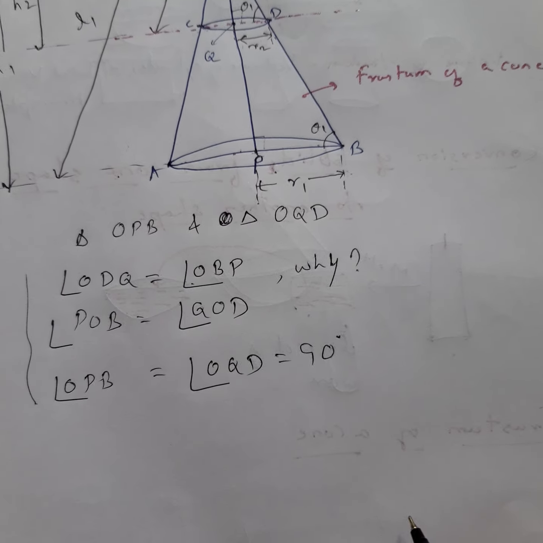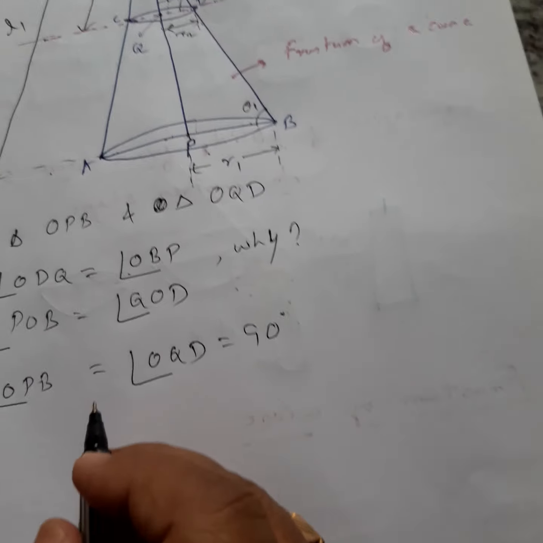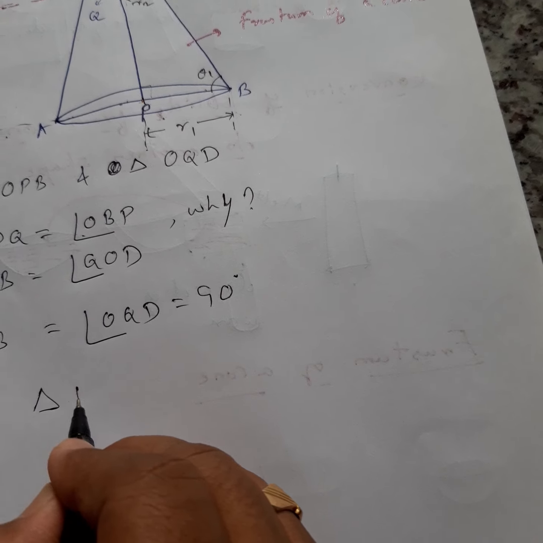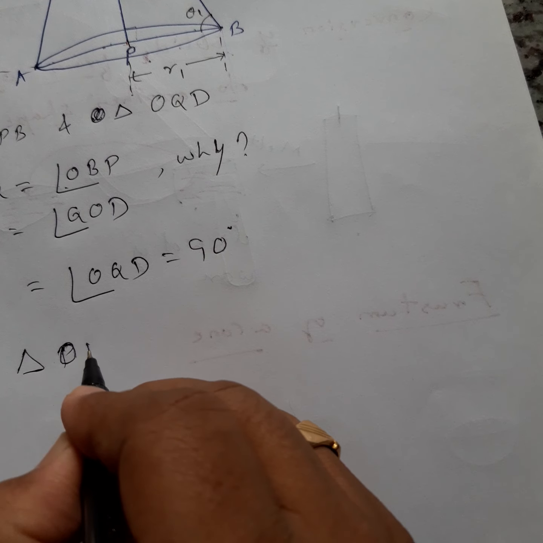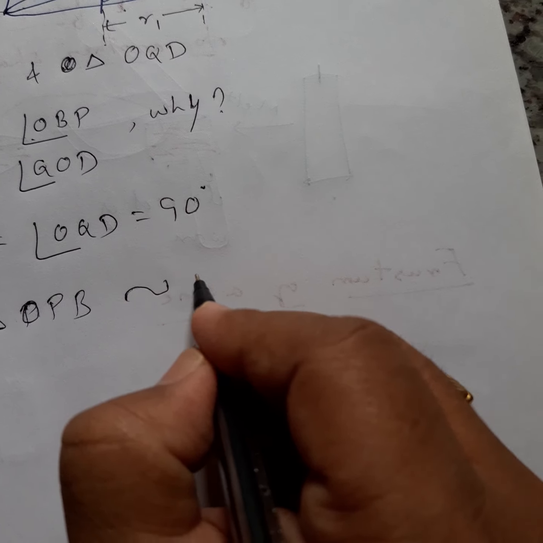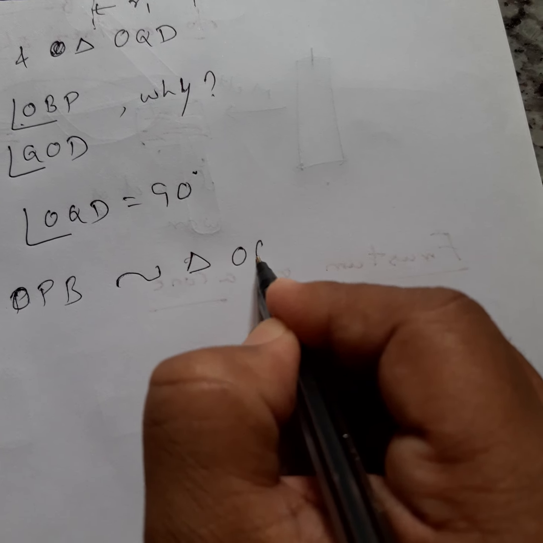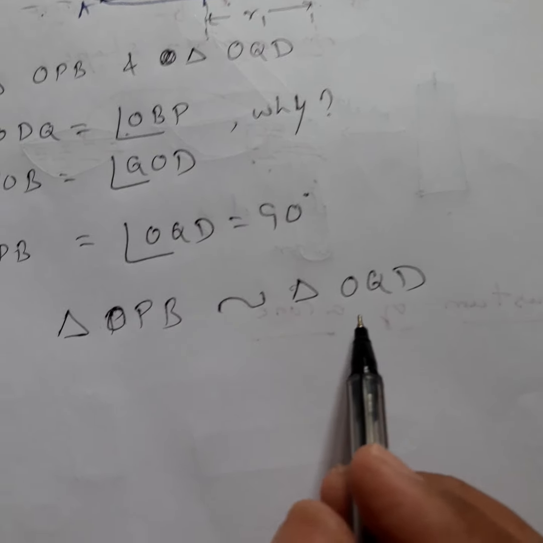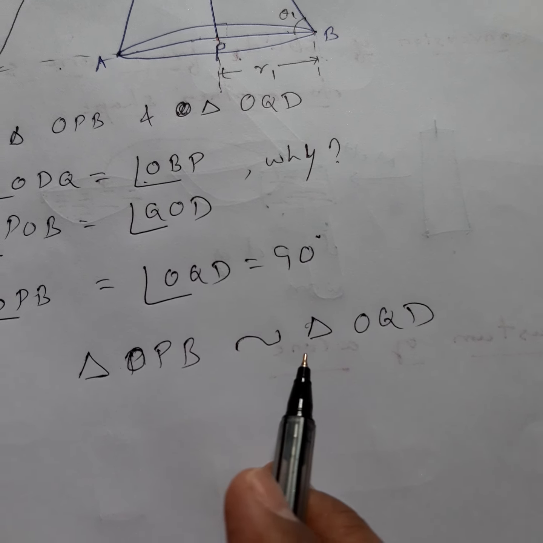So I can conclude that my triangle OPB is similar to my triangle OQD. I am saying similar, not the same.